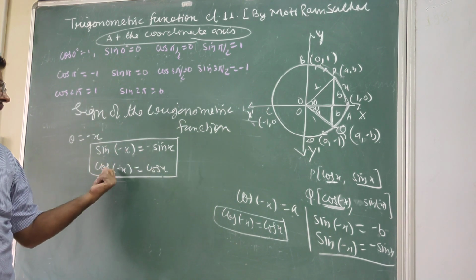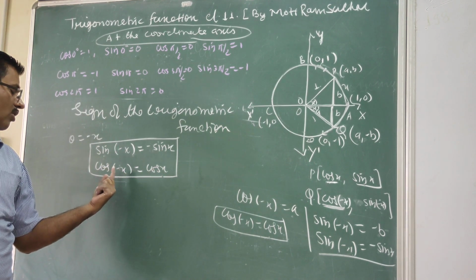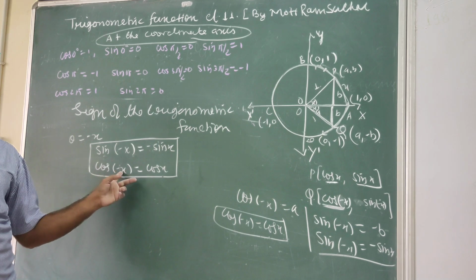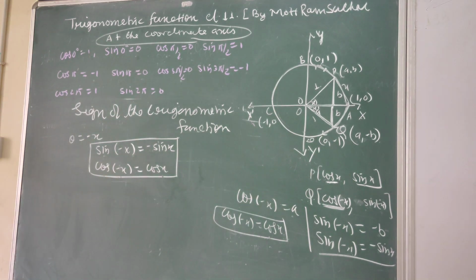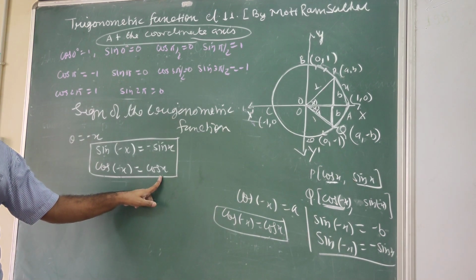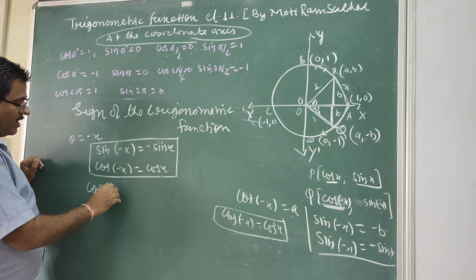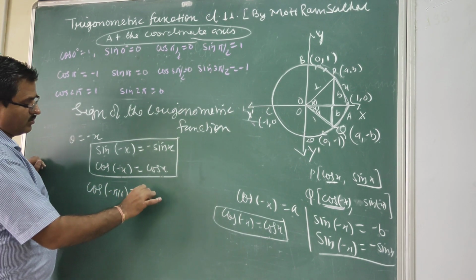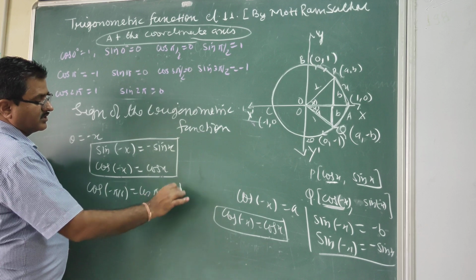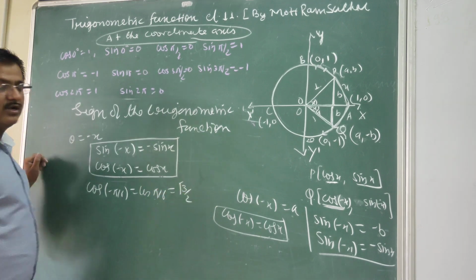Like if you want to find the value of cos minus 30 degrees, the value of cos minus 30 is equal to the value of cos 30, that is root 3 by 2. Means cos minus pi by 6 equal to cos pi by 6, that is root 3 by 2.